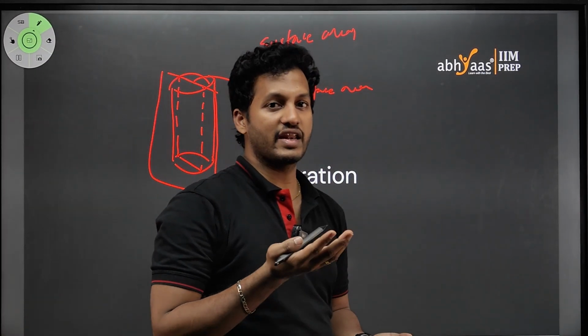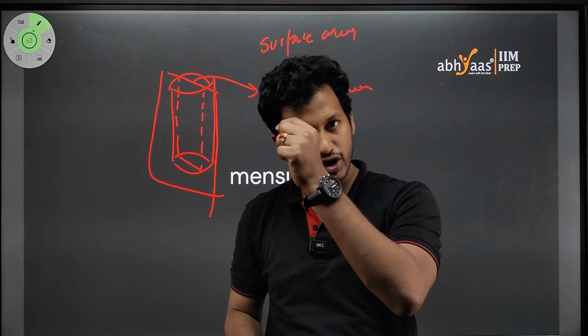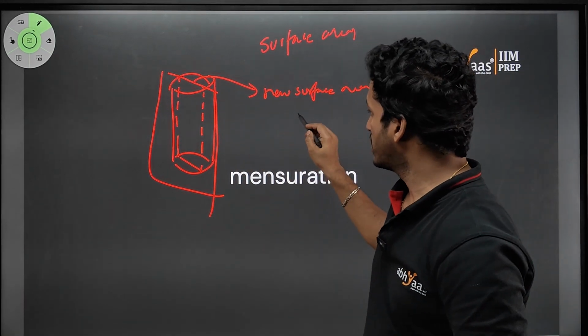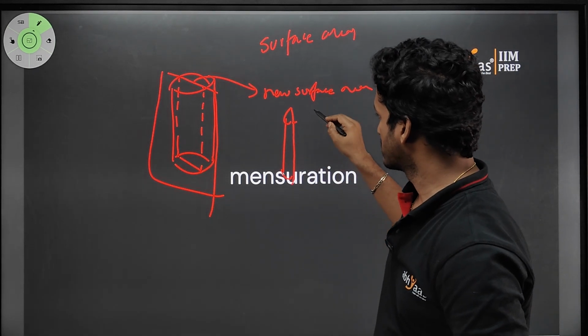How much surface area has been increased? So when you cut a log laterally, that means parallel to its axis, you will form two semi-logs like this.